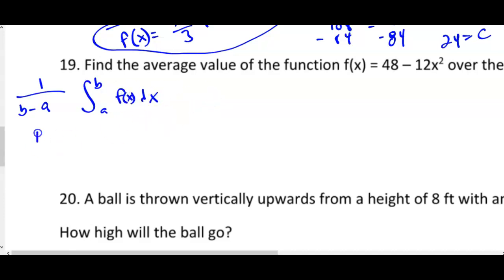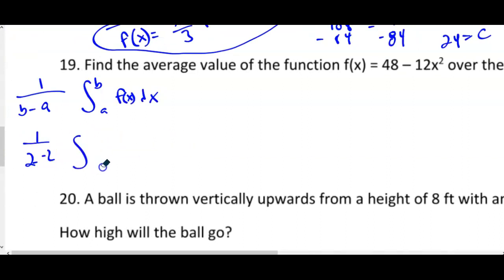So you have 1 over 2 minus -2, sorry. 2 minus -2, like that. Let me make sure, -2 to 2, yep.